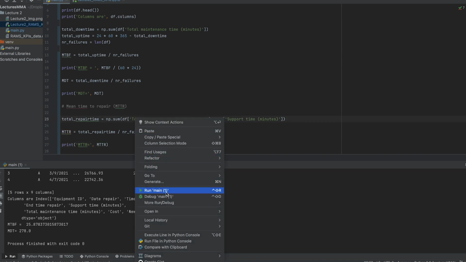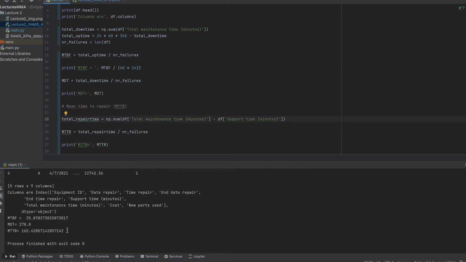Okay, and now we play and we get the mean time to repair here.